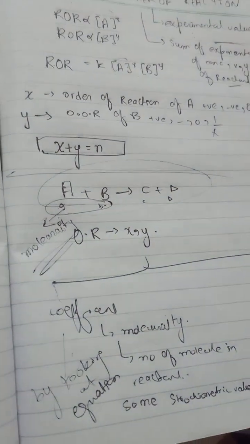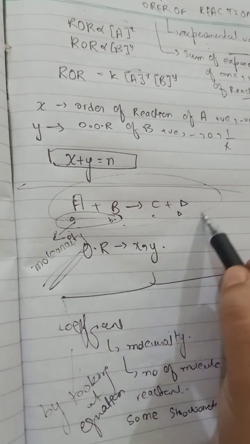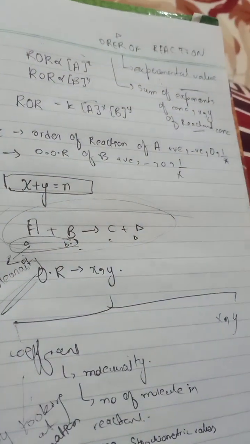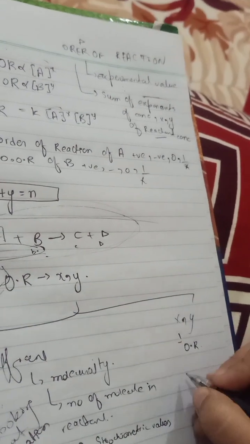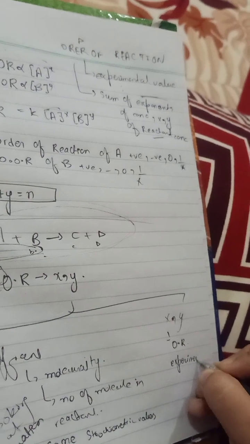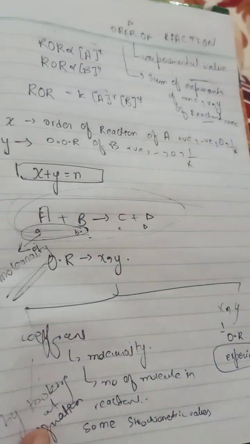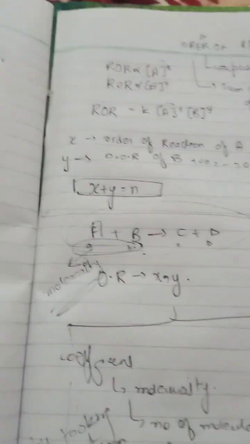If you talk about X and Y, they are the order of reaction, and we find them by experiment, not by looking at the equation.